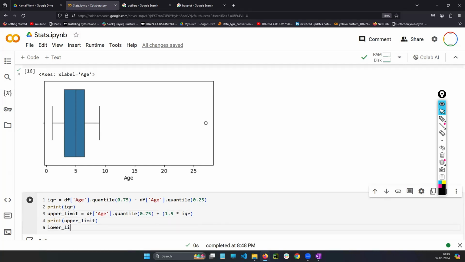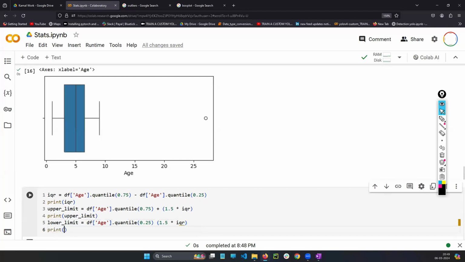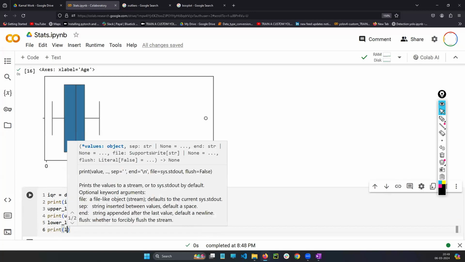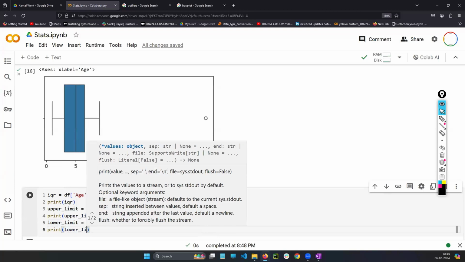Let's say the lower limit. I'm going to find the lower limit, which is equal to, in the age column, the quantile of 0.25 of the data minus 1.5 into IQR. Then print the lower limit.